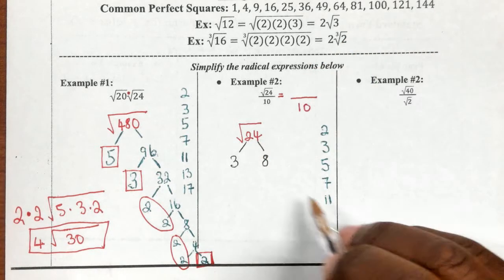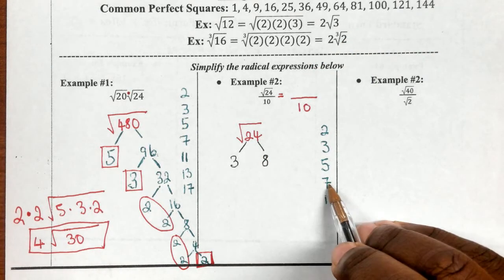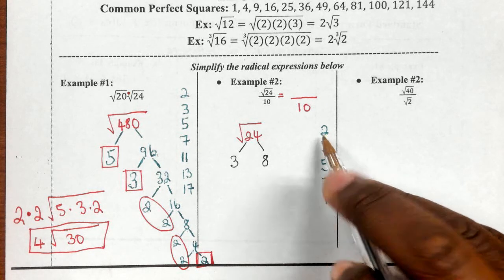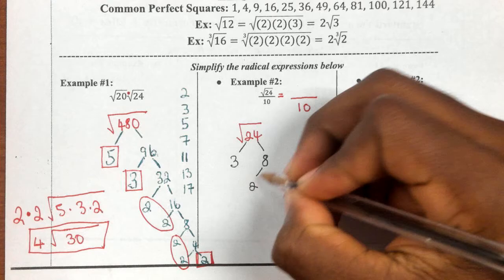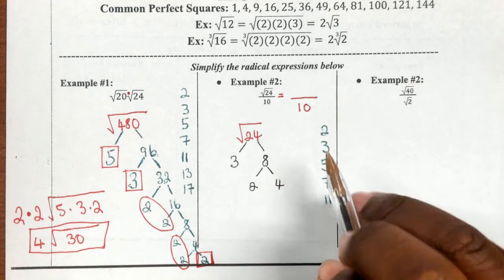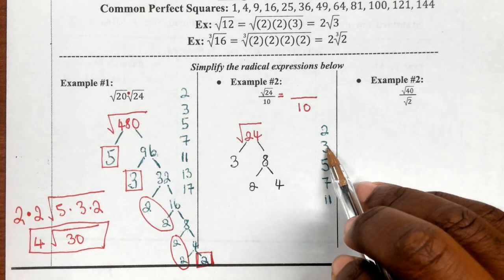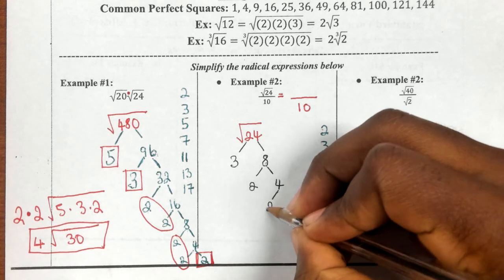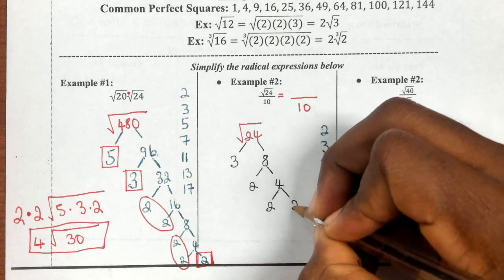Now, can I divide 8 by 7? No. 5? No. 3? No. 2? Yes. And 8 divided by 2 leaves me with 4. Can I divide 4 by 3? No. 2? Yes. And 4 divided by 2 leaves me with 2.